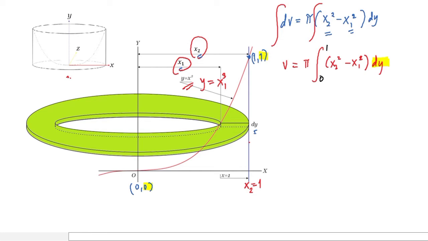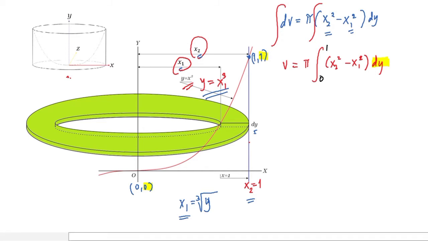So, substituting this. But, before that, kung titingnan natin, itong equation natin na isa dapat naka-express in terms of x sub 1. So, we can say that this x sub 1 here is just equal to the cube root of y. So, ito yung equation ng x sub 1 natin at ito naman yung equation ng x sub 2 natin.